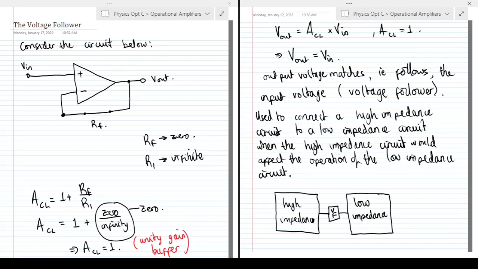Another important feature of the voltage follower itself is that it matches basically every aspect of the input signal, right? Of course, it matches the voltage, it matches the frequency, so you could use it for basically any frequency signal, and so on as well.